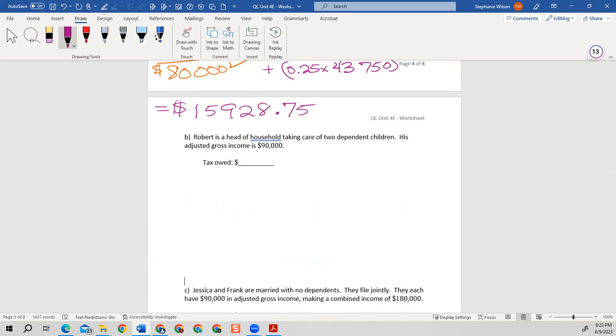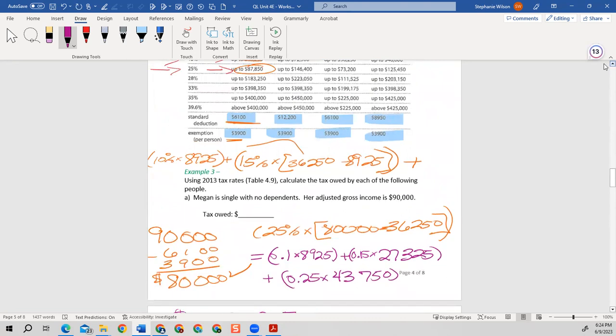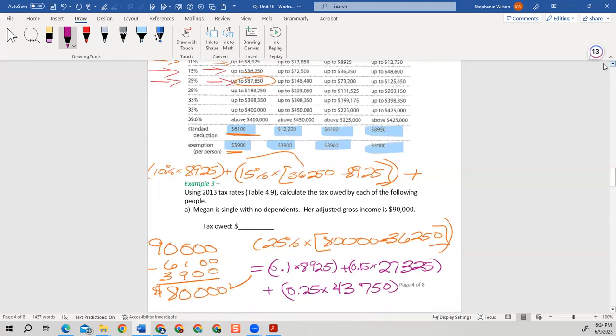Robert is head of household, taking care of 2 dependent children. His adjusted gross income is $90,000. Okay, so now we need to go up here. We need to look at the standard deduction, and we need to look at the exemptions per person.